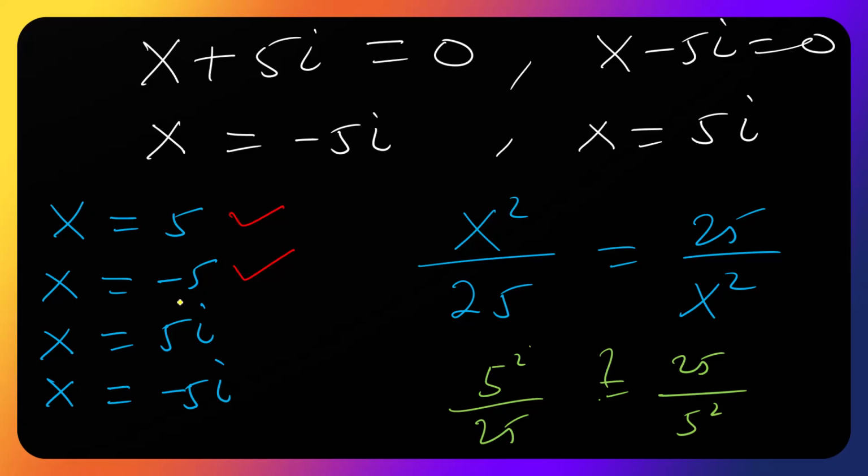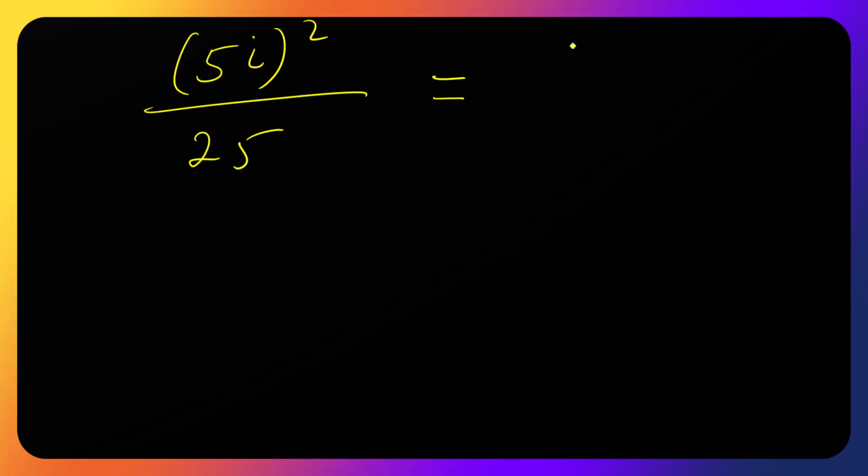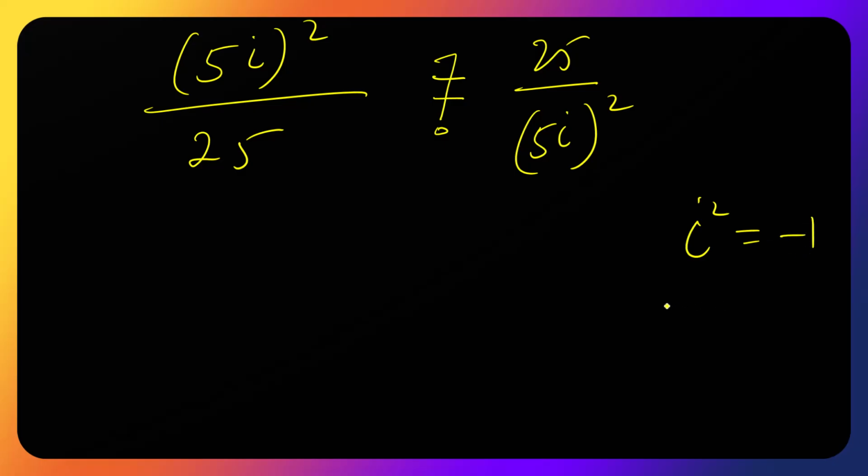Now let's start with the 5i. So that will be 5i squared on 25, equals 25 on 5i squared. Now remember, i squared is negative 1, and square root of negative 1 is i.